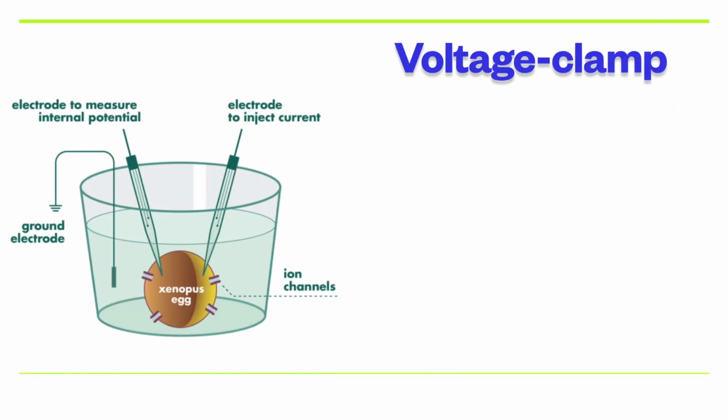Before the patch clamp technique was developed by Neher and Sakmann, scientists used the voltage clamp configuration. It's used to record the ion currents through the membrane of excitable cells, and it's done by controlling the transmembrane voltage by injecting current inside the membrane.